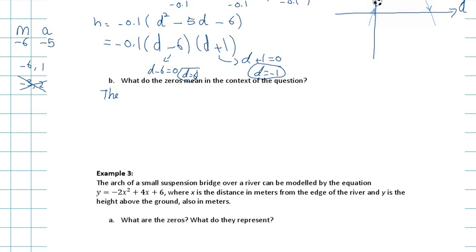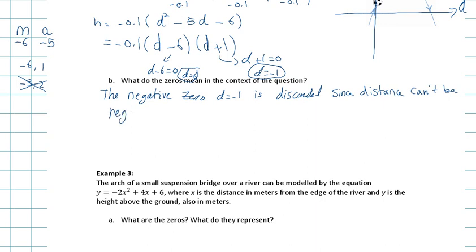So the negative 1 is disregarded or discarded. Says distance discarded.